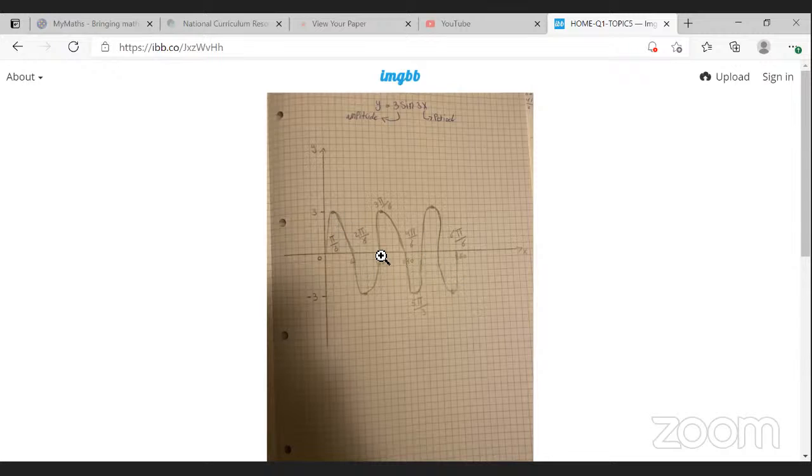So this is the graph of sine x. So 3, 6 pi over 6, 3 pi over 6. Oh, okay. So yours looks fine. So if you can produce something like that in the exam, that would be great.